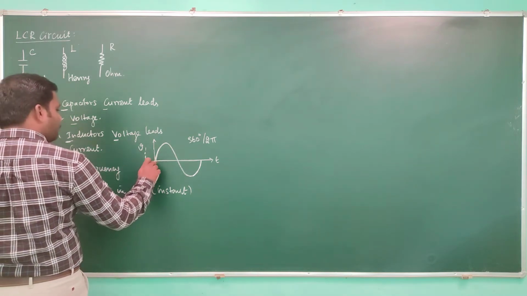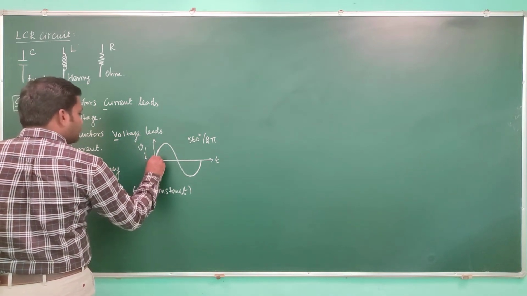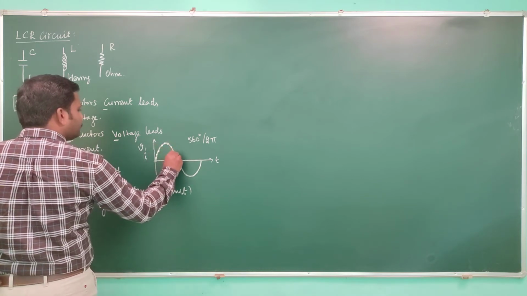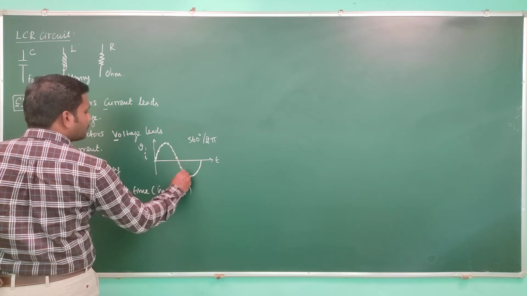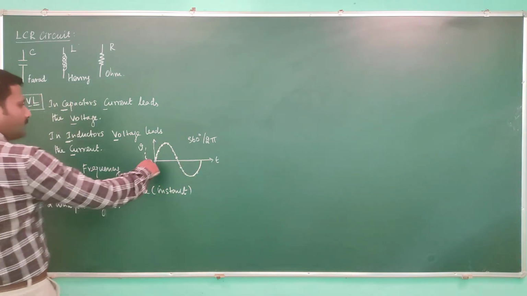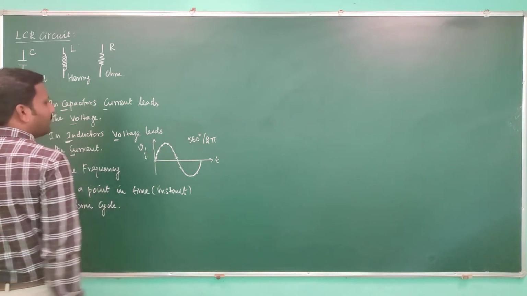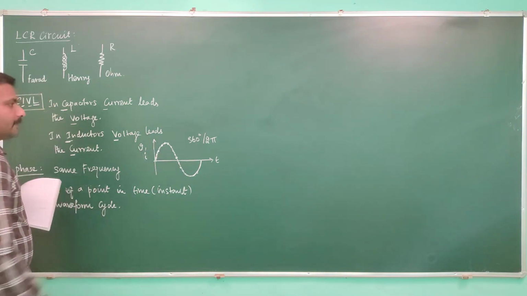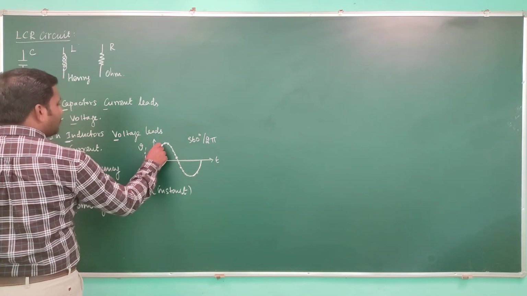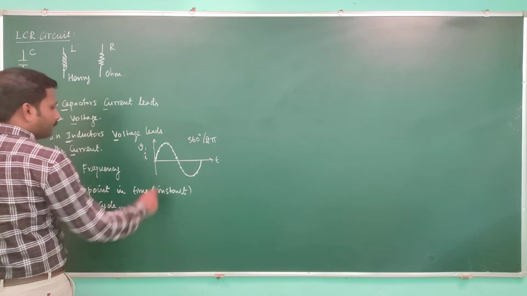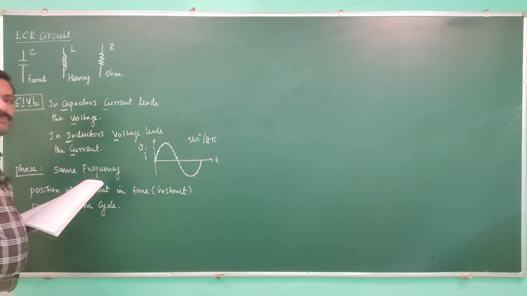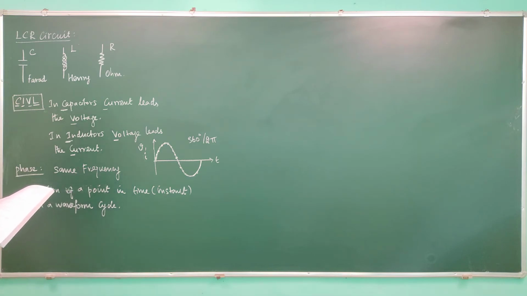Let us consider different points in this waveform. Effectively, you can consider 360 points in this, each point for a degree distance. Now, this position of the point on the time scale represents the phase simply.